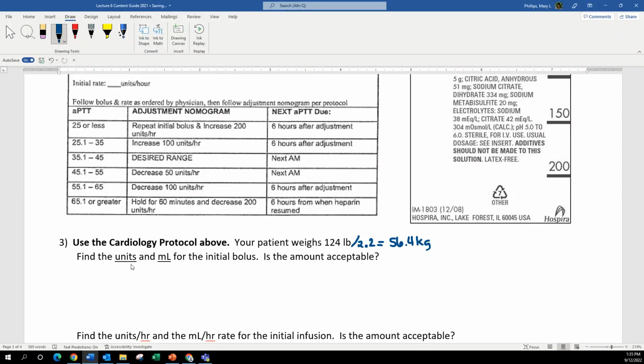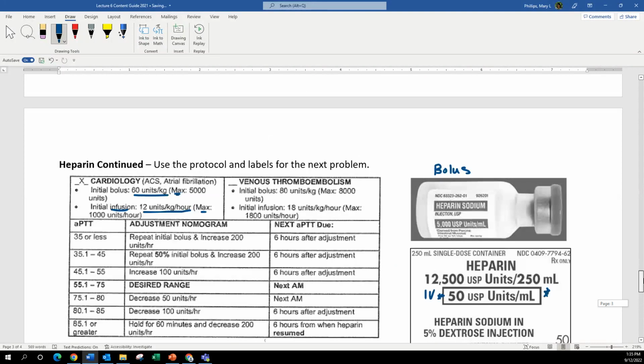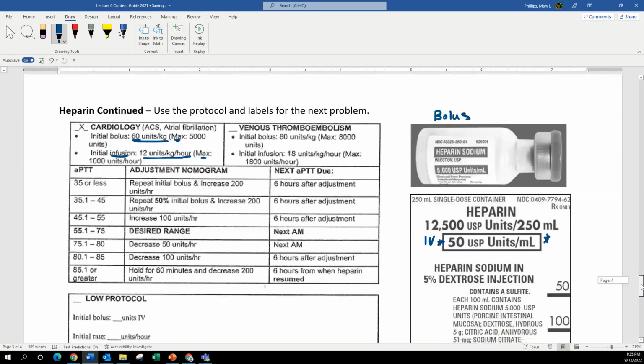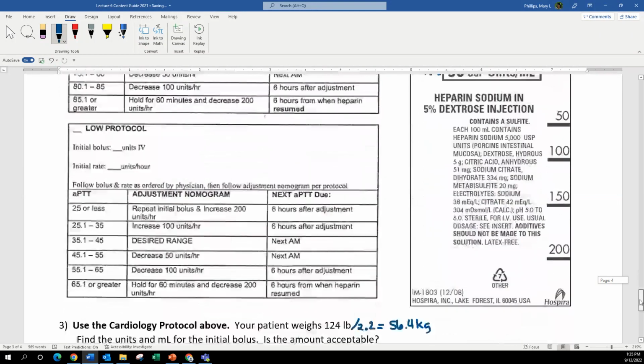Now, this question asks me for the units and the milliliters for the initial bolus. So I'm going up here and rereading in my protocol. Initial bolus is to be 60 units per kilogram right here with a maximum of 5,000. And my bolus med is 5,000 units per milliliter. I'm going to try to keep track of all that while I scroll.